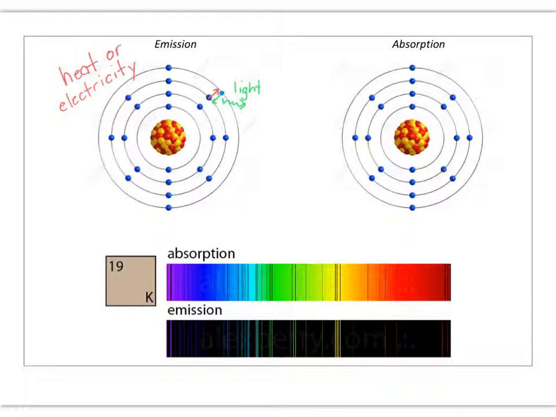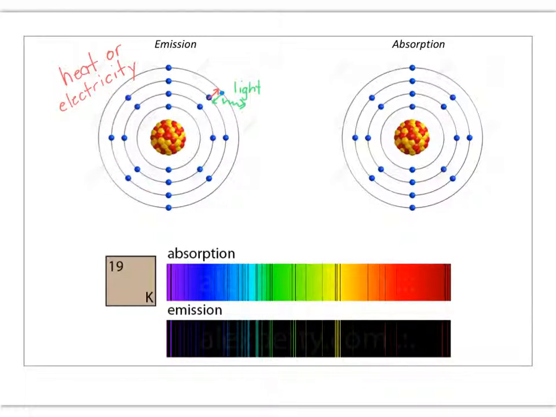What that produces when this happens is an emission spectrum down here. So all of these lines of light that we see in the emission spectrum of potassium occur because they correspond to an energy gap somewhere in this atom. Now I've just got the full shells here, I haven't got the subshells, so you can imagine not only have you got these shells here, you've got the subshells of these shells.